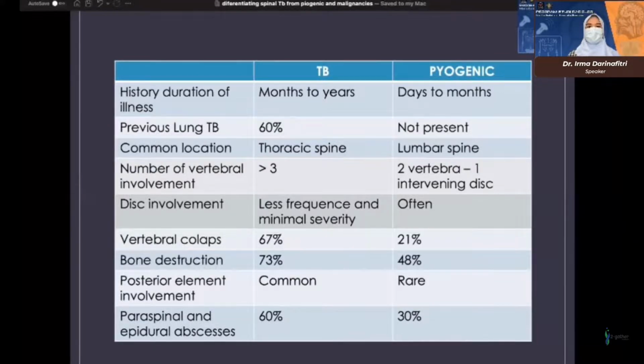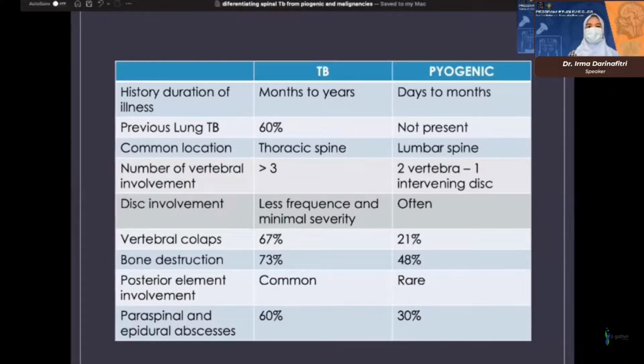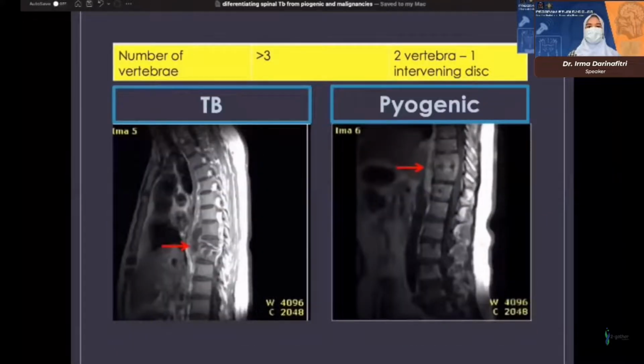About the number of vertebral involvement, disc involvement, vertebral collapse, bone destruction, posterior element involvement, and paraspinal and epidural abscess, we will explain in the next slide. Involvement of the corpus vertebrae is more in tuberculous spondylitis than pyogenic.